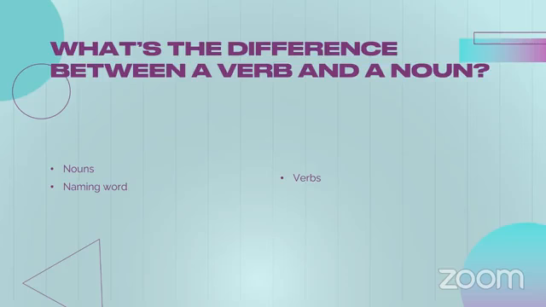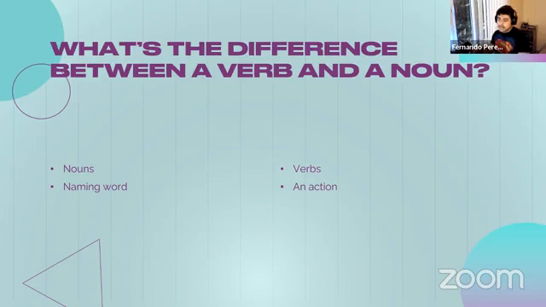Good. And a verb is an action. It's something that the thing does. Excellent. I do, you do, and the thing does. Okay, a naming word. When we talk about nouns, we are talking about names of things. When we're talking about verbs, we're talking about actions, things that you do. Very good. That was a very good definition of them.